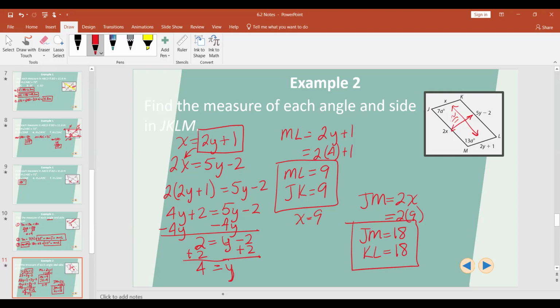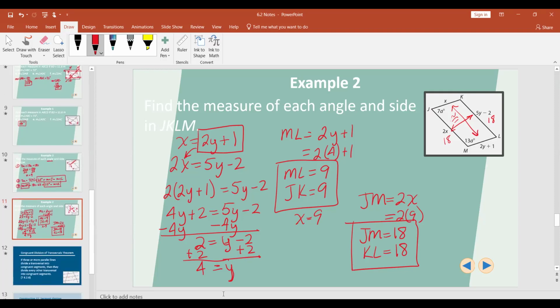Say you plugged in y for KL: 5 times 4 is 20 minus 2 is 18. So you get the same answer no matter which one you do first, but you've got to find one of your variables, use that to find the value of the other, and then distribute that information around to find all the different sides. That is pretty much it.